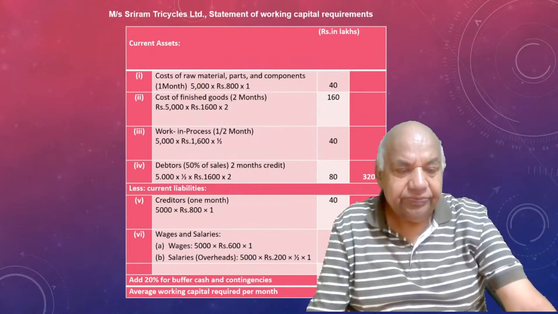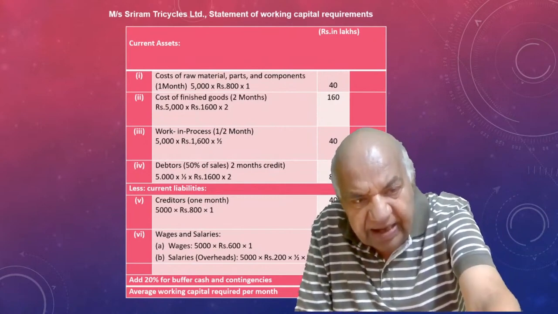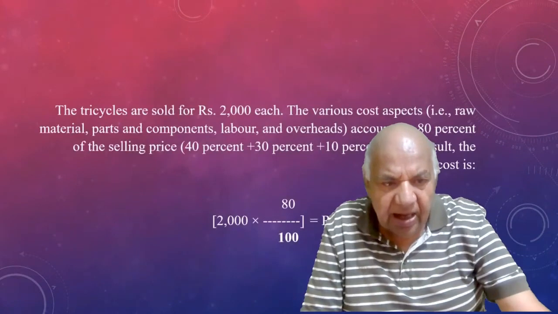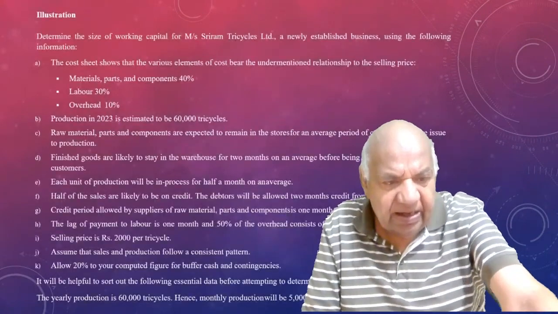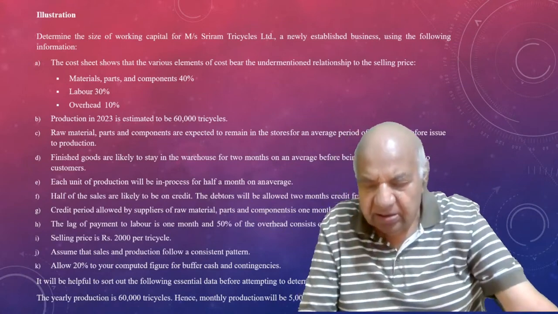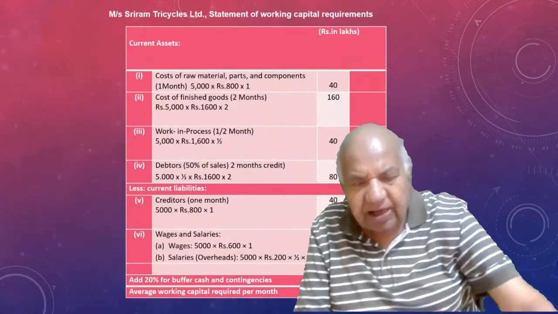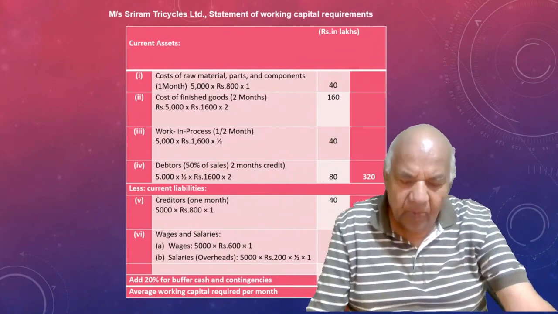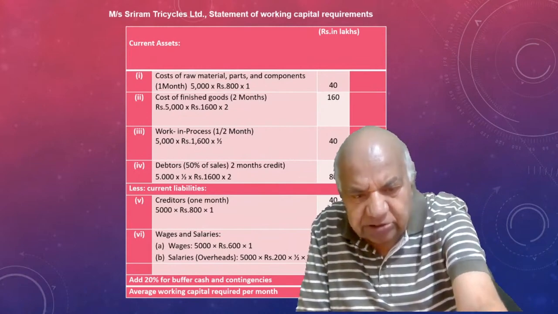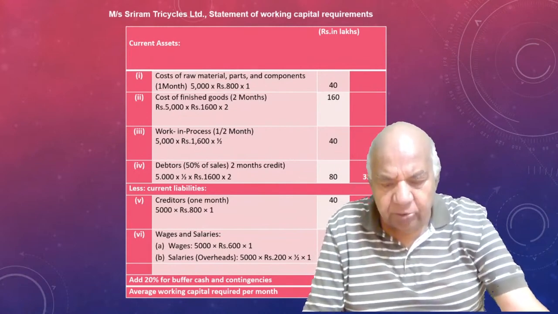Now current liabilities. Creditors, 5,000 multiplied by 800, that is the cost of raw materials. And it is given here, credit period allowed by suppliers is 1 month, therefore it is calculated for 1 month or 40 lakhs. Wages, 5,000 into 600, that is the 30% of 2,000.